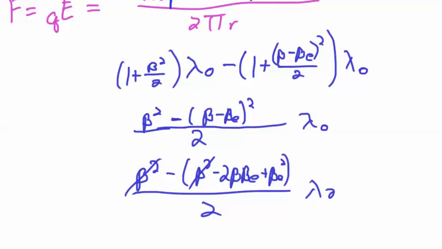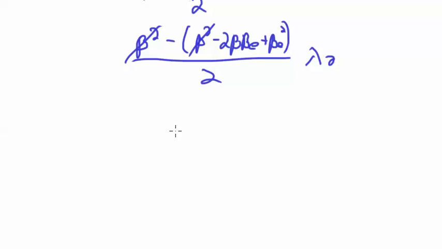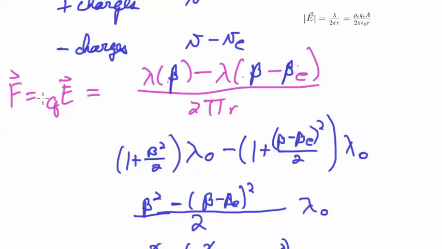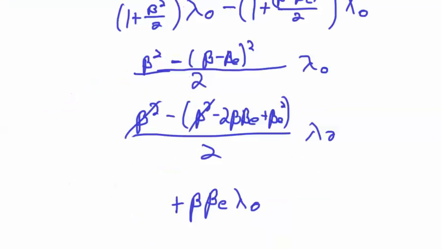So this leaves us with negative, negative makes a positive, 2 over 2 makes 1, beta e lambda naught. And it looks like I did not multiply by q here, so the force equals beta e lambda sub naught times.